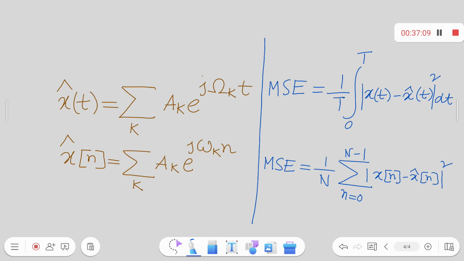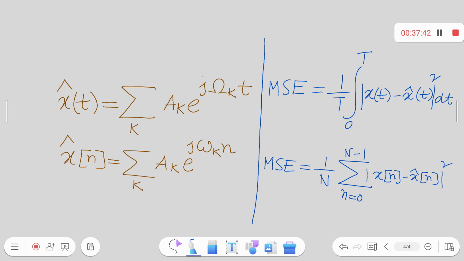As I told you, today I mainly focus on periodic signals only, continuous as well as discrete. Suppose we consider a signal which has a period of capital T. You can have any type of signal: a sinusoidal signal, a rectangular signal, a triangular signal, a sawtooth type of signal, any kind of signal.